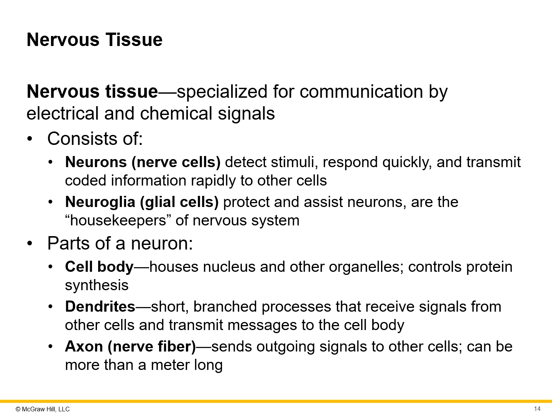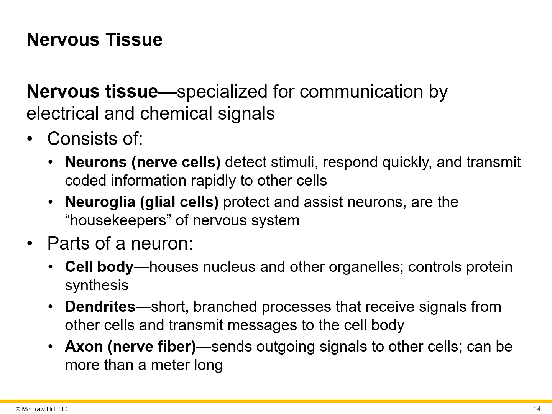Nervous tissue is specialized for our cells to communicate with each other by electrical signals and chemical signals. So nervous tissue consists of two types. There are the neurons, which most people think of, also called nerve cells. These are the guys that can actually detect stimuli and respond very, very quickly.